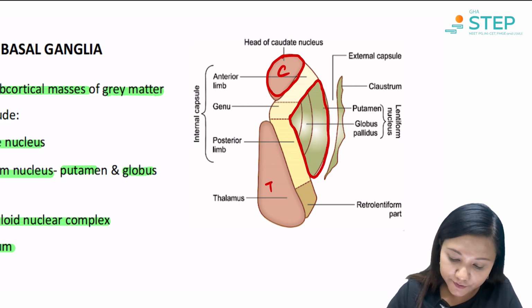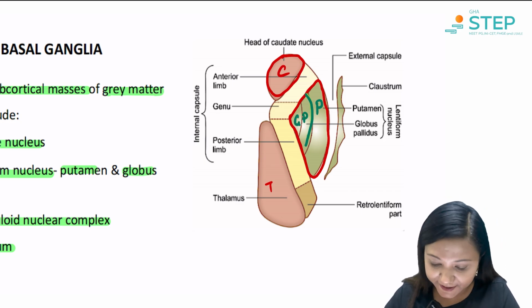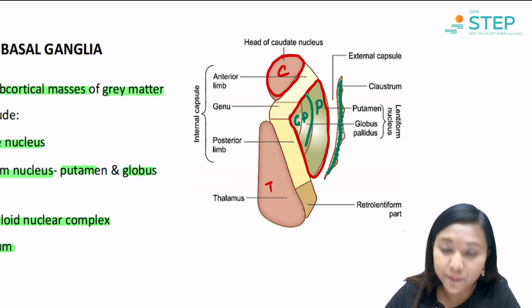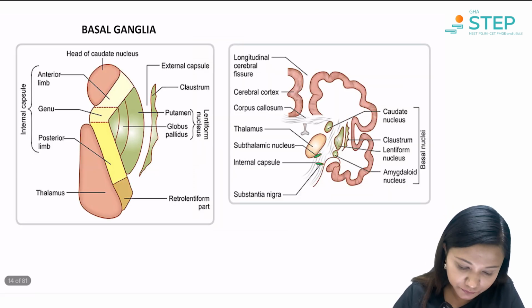Now this lentiform nucleus is divided into putamen and globus pallidus. Again, the globus pallidus is divided into globus pallidus interna and externa. Then you can see this outside gray structure, that is the claustrum. So these are the components of your basal ganglia.